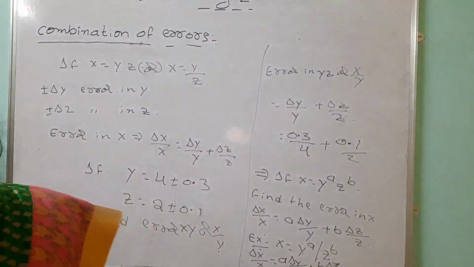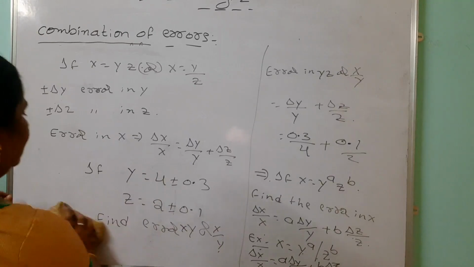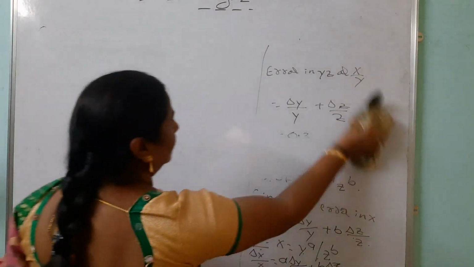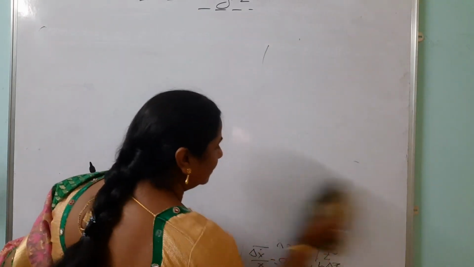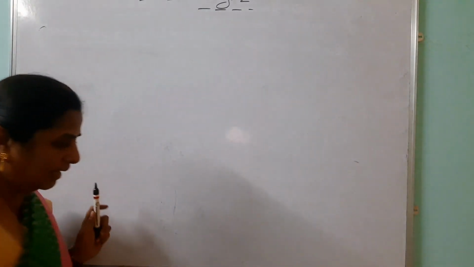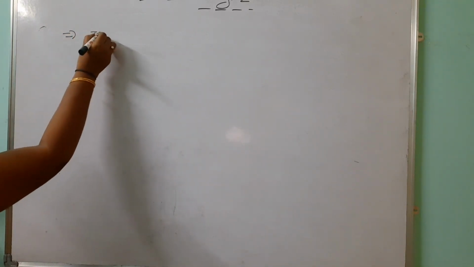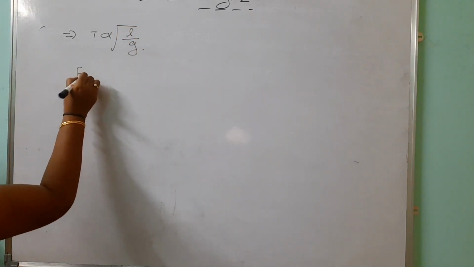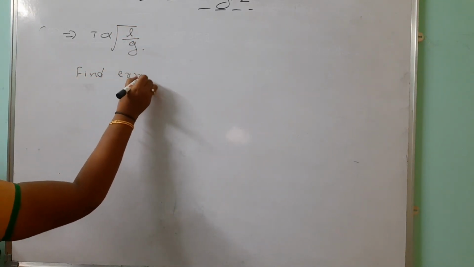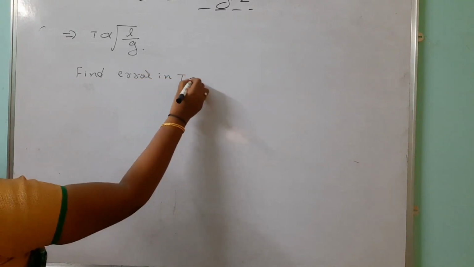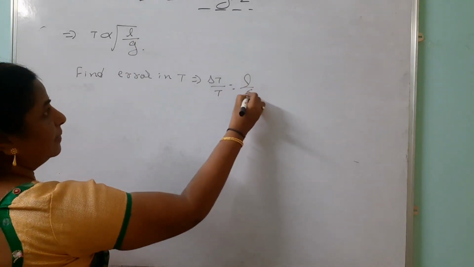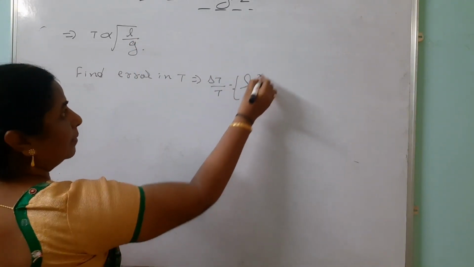Few examples we are discussing on how to find out the errors. Look. What is the formula for time period? Time period depends on, already we know the relation between different physical quantities. Time period is directly proportional to under root L by G. Find error in T. Delta T by T. This is L by G whole to the power of 1 by 2.